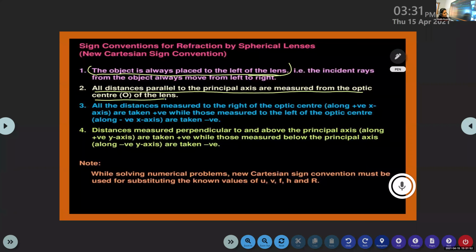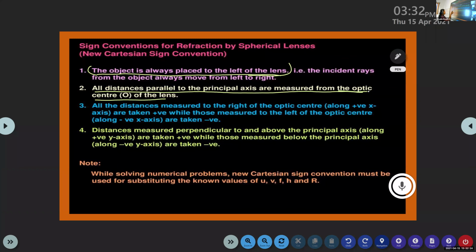But in the case of a lens, we have a center for the refracting surface, and that is our optic center. This is our second rule according to the new Cartesian sign convention system.